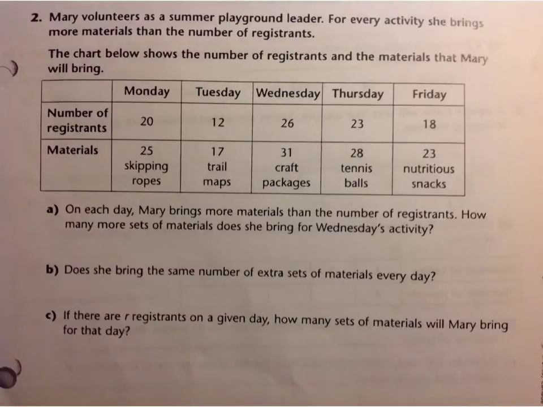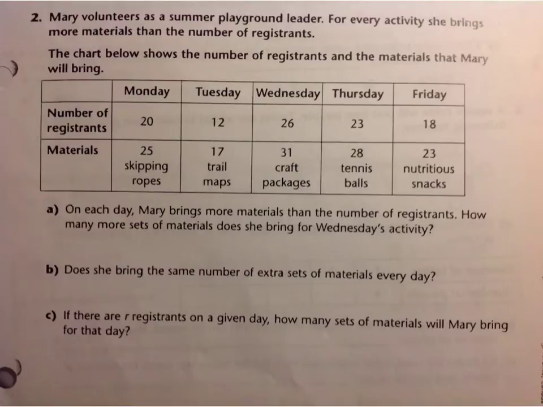So one more example, and then you can do the back of the sheet. Mary volunteers as a summer playground leader. For every activity, she brings more materials than the number of registrants. So she leads kids at a summer camp. She brings more materials than needed. The chart below shows the number of registrants, the people coming, and the materials that she brings.